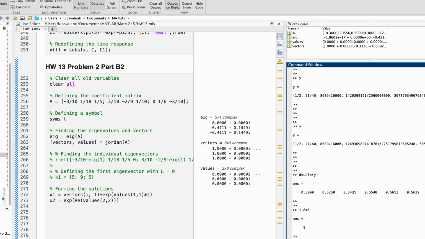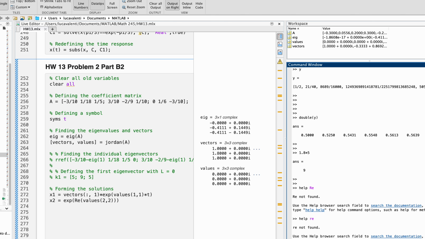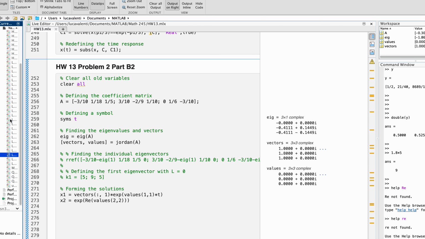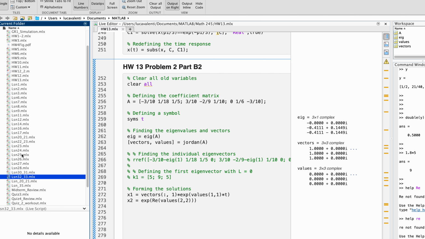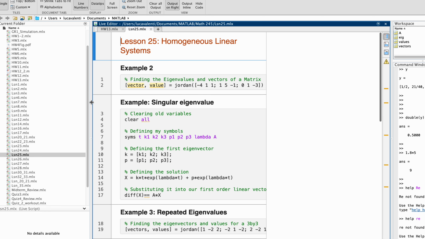Help real, not found. So I think I'm going to have to dig a little bit into one of these to remember the command, because the other thing would just be to hard code it.